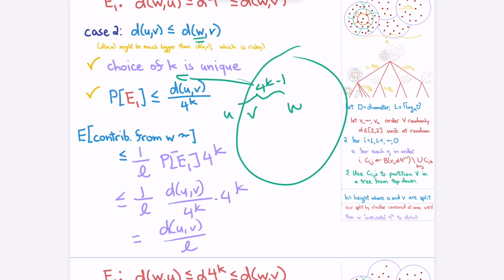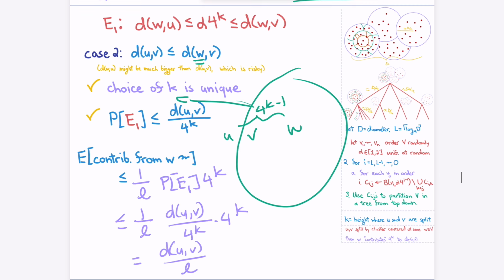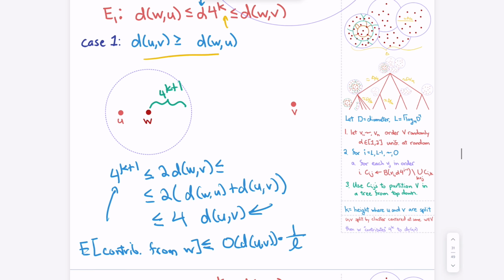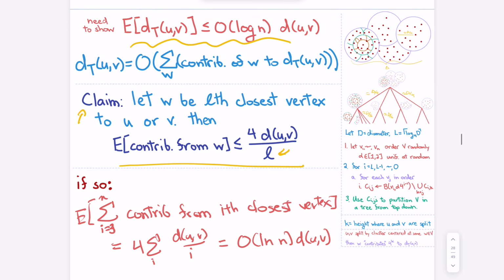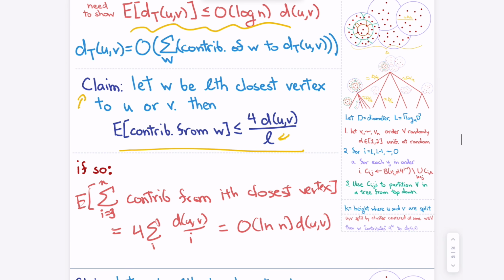What's the point of event 2? It got us this nice 1 over L, where if it's the 10th closest, that's 1 over 10. At the end of the day, we're worried about anyone splitting these guys and contributing some distance. So what about the closest guy? He's going to get distance over 1, because that's L. Distance over 2, distance over 3, distance over 4.